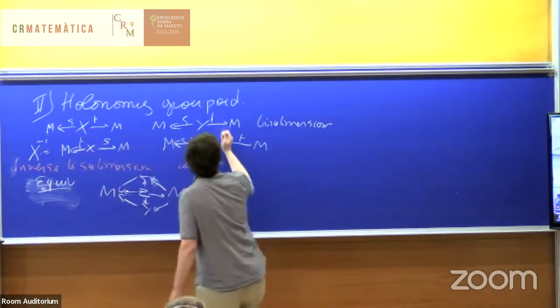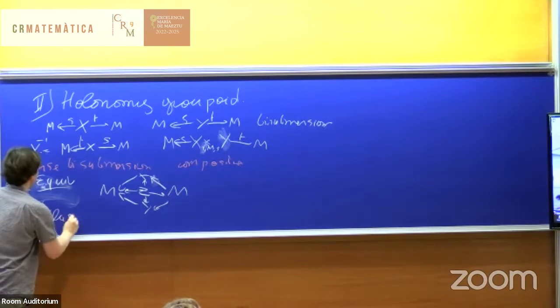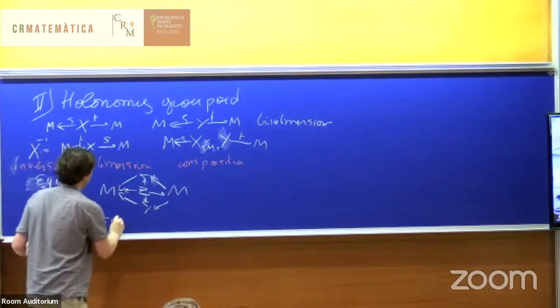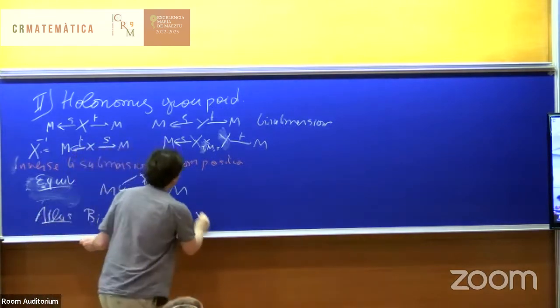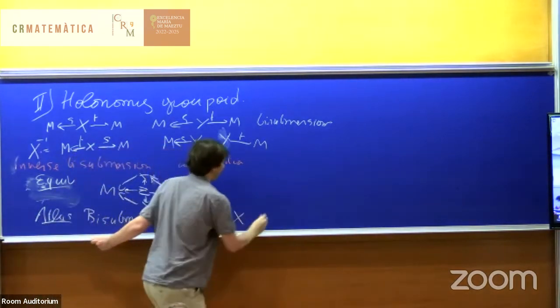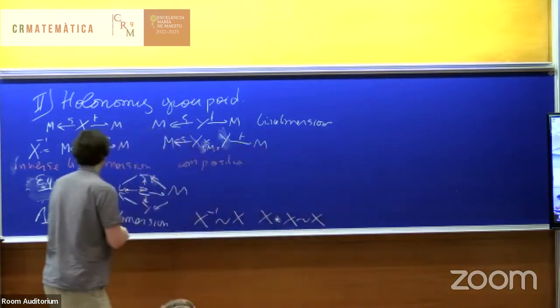And call an atlas a bisubmersion X such that X^-1 is equivalent to X, and X times X is equivalent to X.